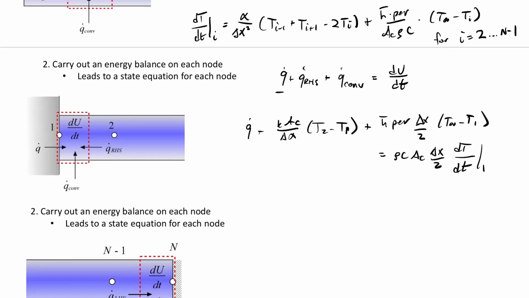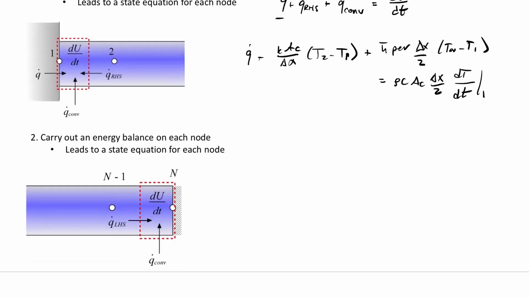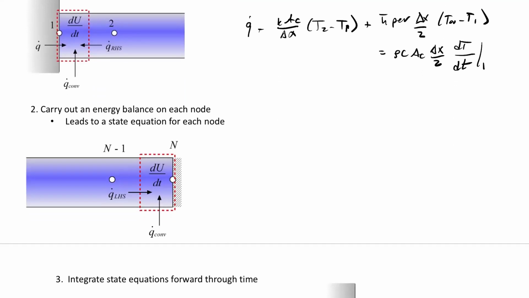So now we have n minus 1 equations. We just have to do this again for the last part. I'll spare writing out the full dT/dt state equation. For this node, we end up with Q dot from the left-hand side. It's adiabatic from the right-hand side, so there's nothing there. And then we just have convection, equal to dU/dt.